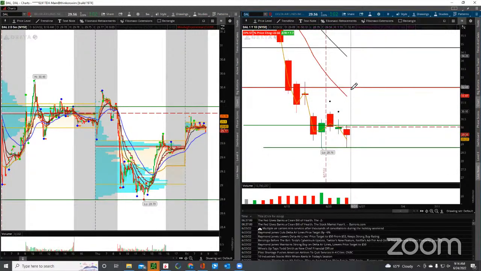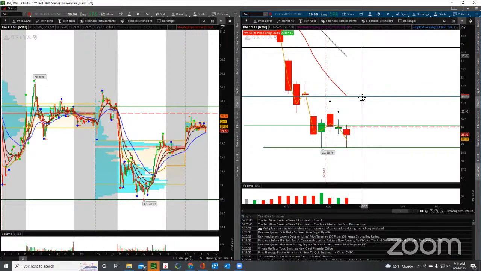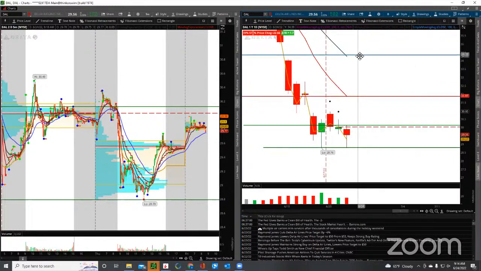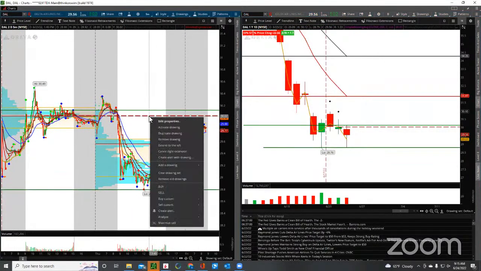I'm going to just eyeball this one because we're pretty far away. Be close enough. Normally I like to get it exact, but these are pretty far away from the price action. So as long as they're relatively close for this, that's fine. Point of control, just that.